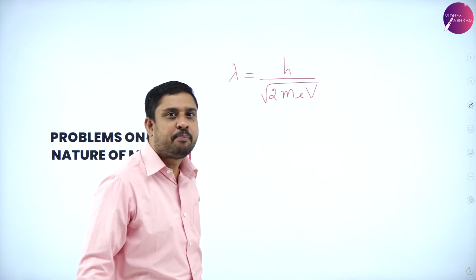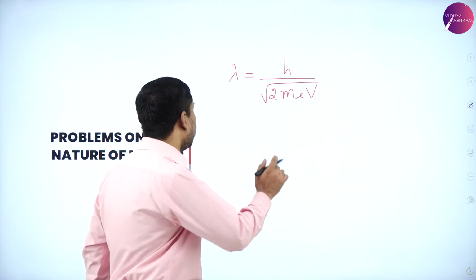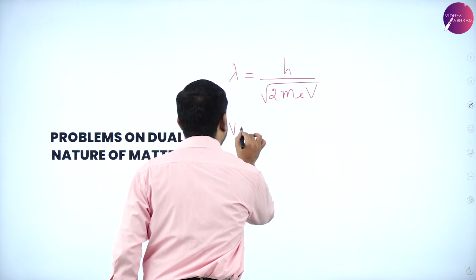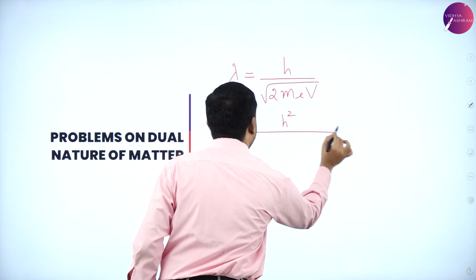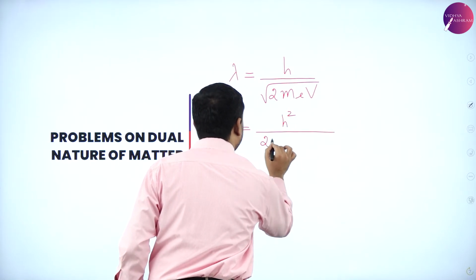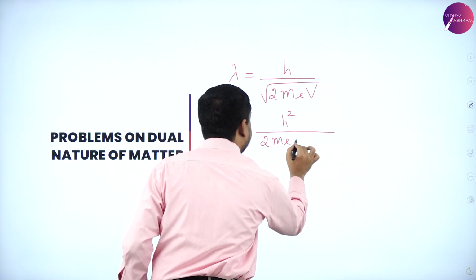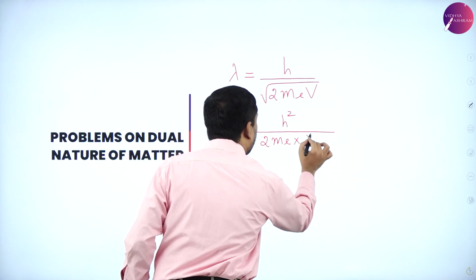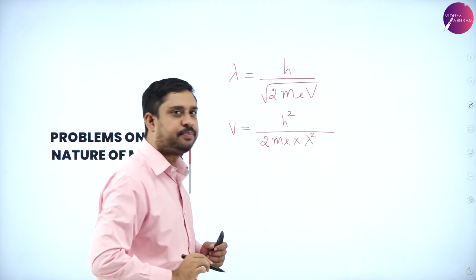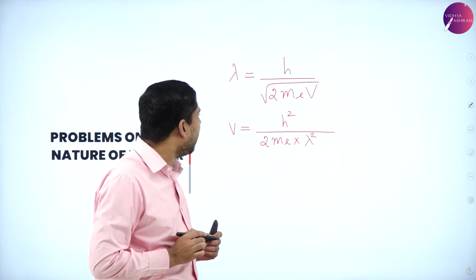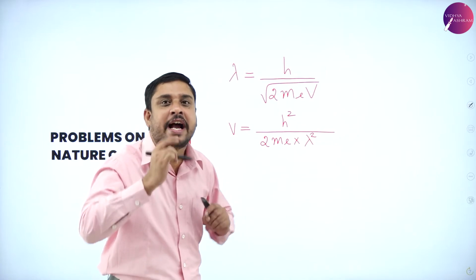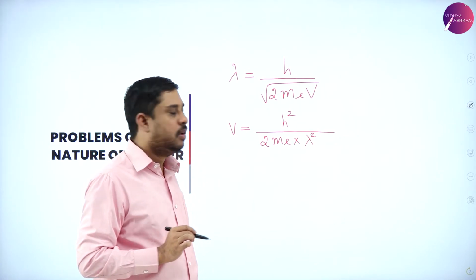So I want this applied potential, which means V equals h square divided by 2me into lambda square. I am just manipulating and modifying that expression.